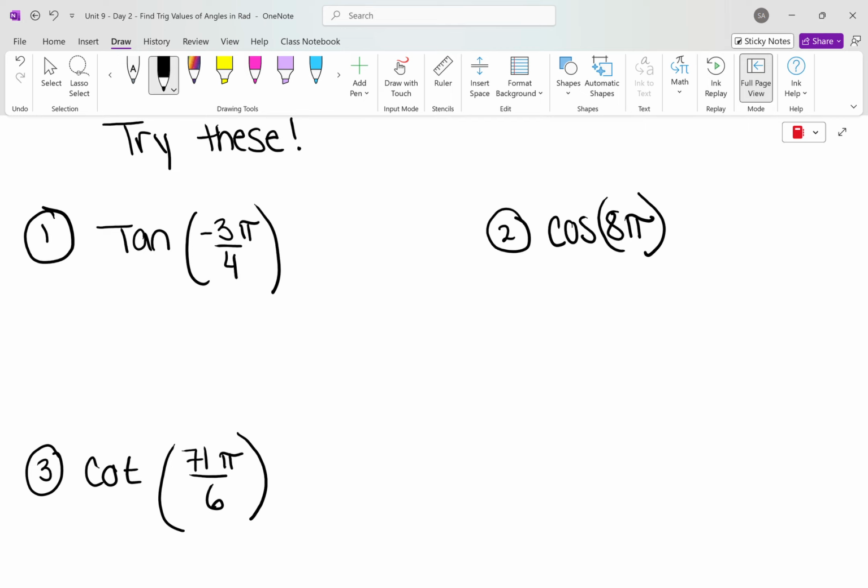Is it in this quadrant? For which one? Number 1. Which quadrant did you say? Correct. I didn't want to say that loud.